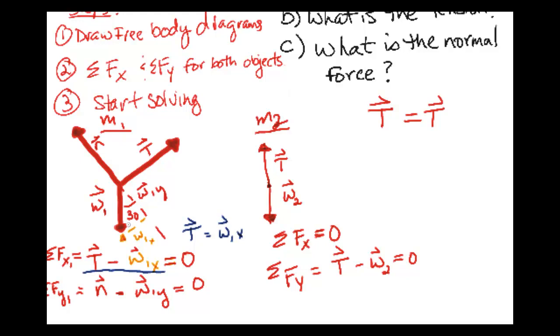And if we use trigonometry, we'll find that that's going to be mass times gravity, that's mass 1, times sine of 30. Go back and look at the review on free body diagrams and forces if you don't understand that. Then that would be right here plugged in.